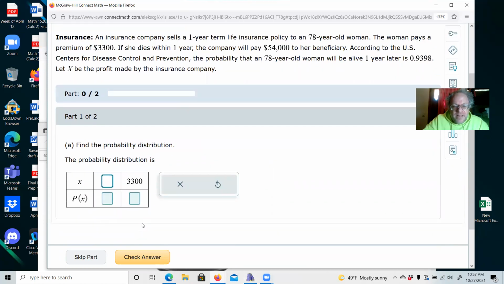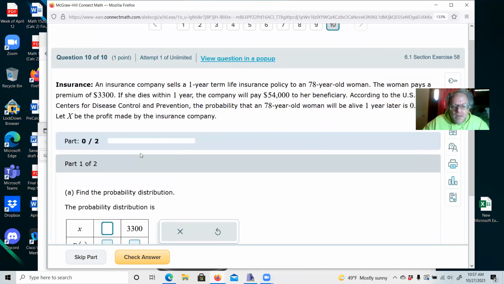So X is going to be, we would have paid, oh, sorry. I was doing it from the point of view of the woman. That's not good. So I did it incorrectly. I'm glad I was thinking about double checking it.